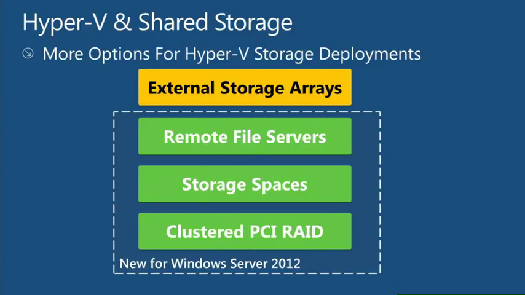Traditionally, you would never be able to use host-based RAID in a clustered configuration. We've worked with our partners to enable that. So with all these options, we believe we'll take a good stab at the price performance equation for your deployments. And we'll dive into each one of these in detail.